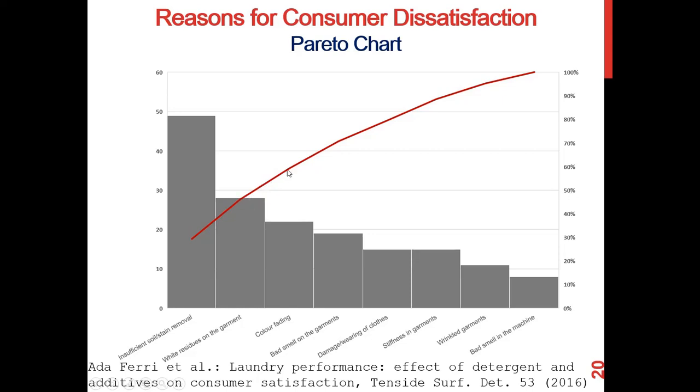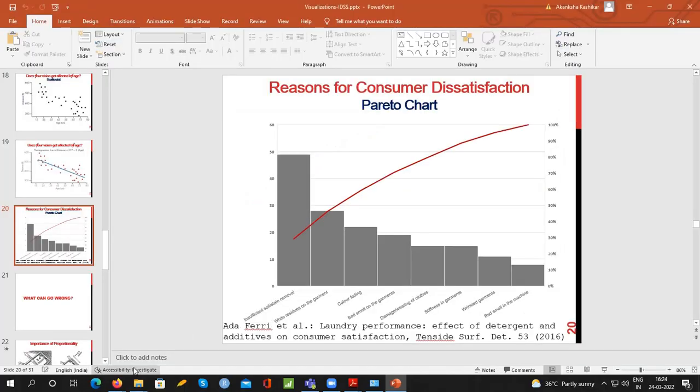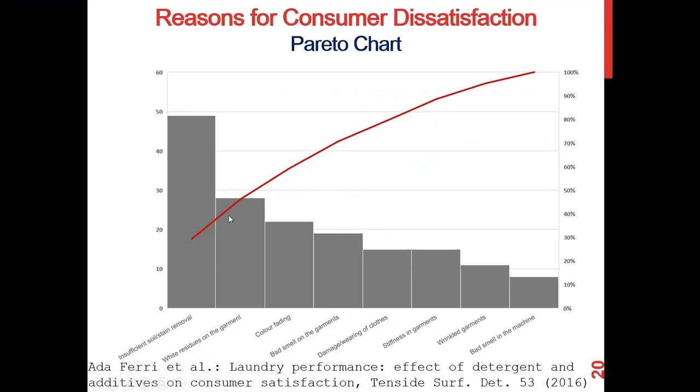Then if we add the third reason, that gets increased to 60%, and so on. Okay, so this gives me the cumulative increase in the percentage, or proportion. Because we have arranged the bars in the decreasing order, this is the topmost or the most important reason.